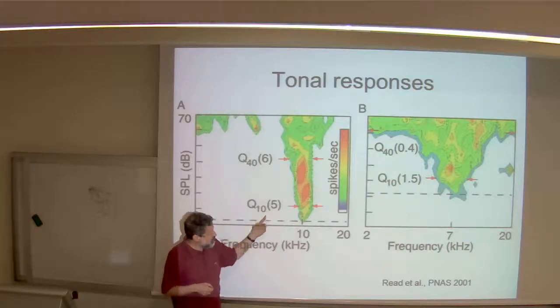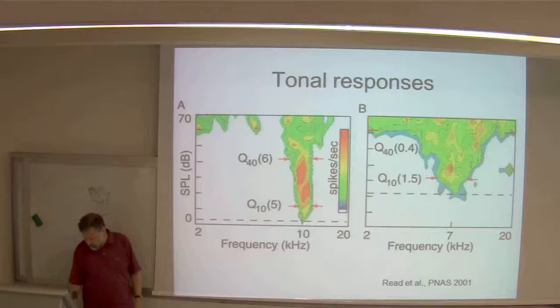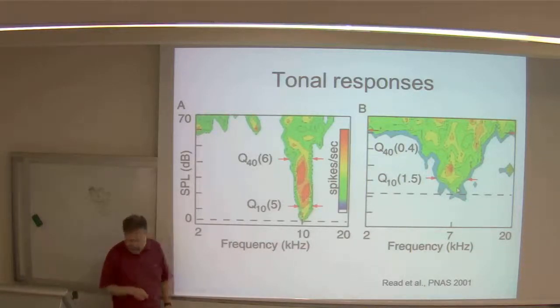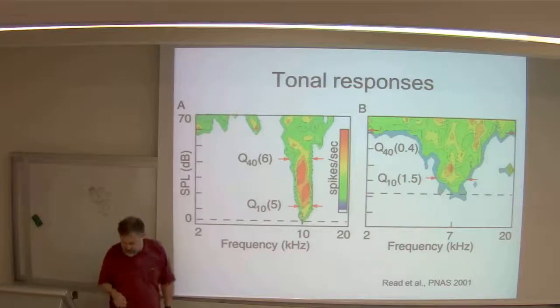However, this is a pretty narrow one. And you find a lot of neurons in auditory cortex that have much wider tuning. Okay, here the Q10 is 1.5. So many neurons in auditory cortex are much wider than in the auditory nerve.